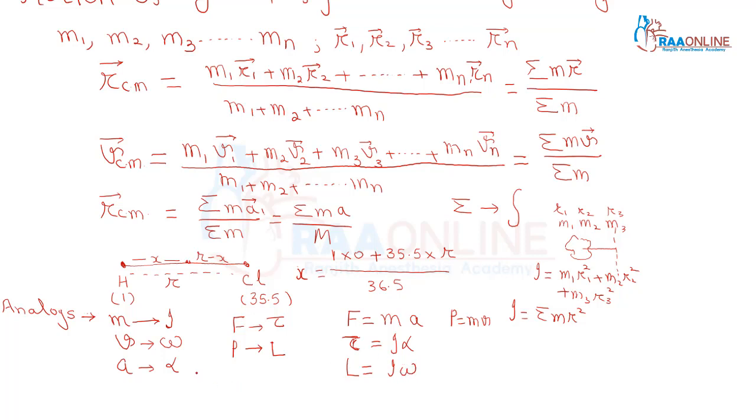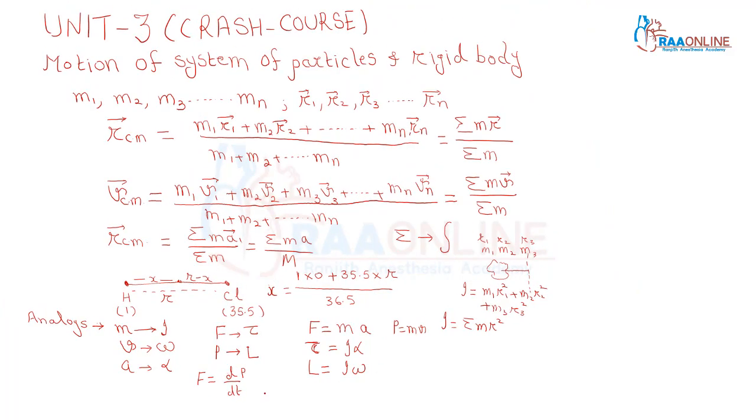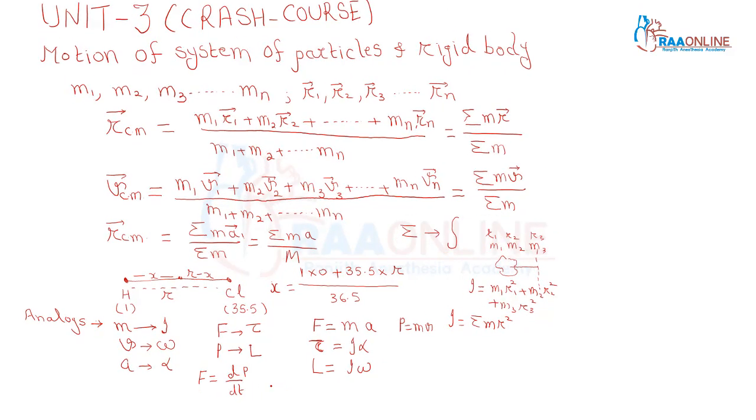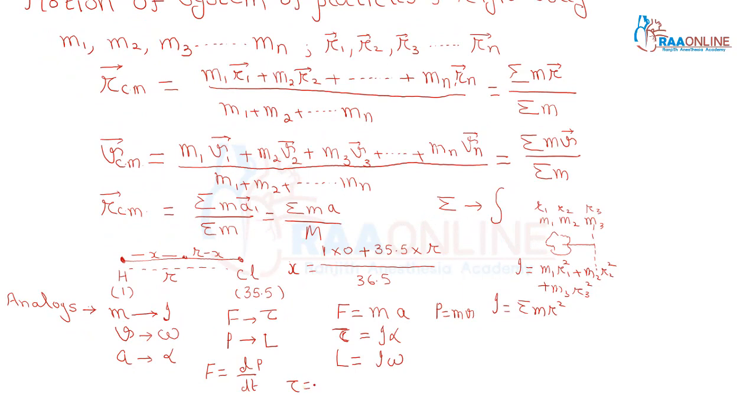You know the law of conservation of linear momentum, because the definition of force was the rate of change of linear momentum. In this chapter, force is replaced by torque. So torque is the rate of change of angular momentum.